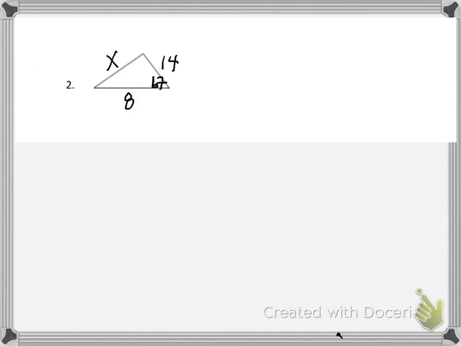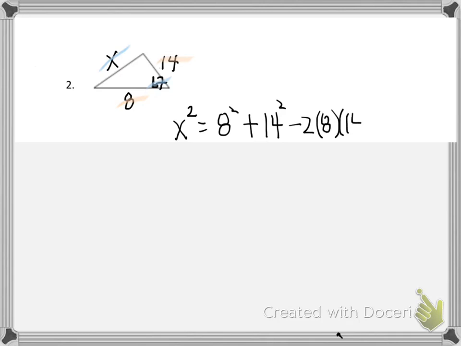I'm looking for this side, and I know this angle and these two sides, so that's what I'm going to square. So x squared is equal to 8 squared plus 14 squared minus 2 times 8 times 14 times the cosine of that angle, 67.